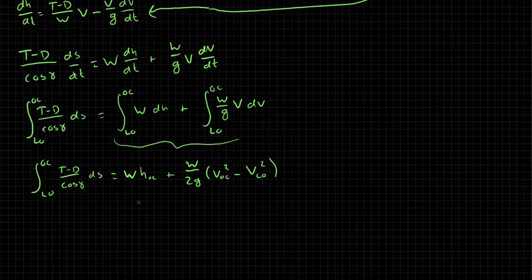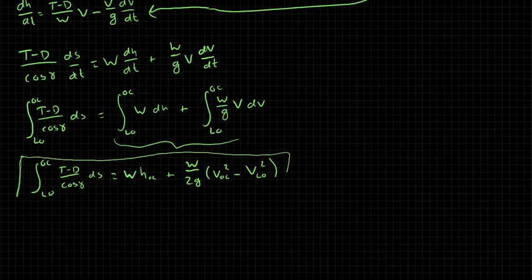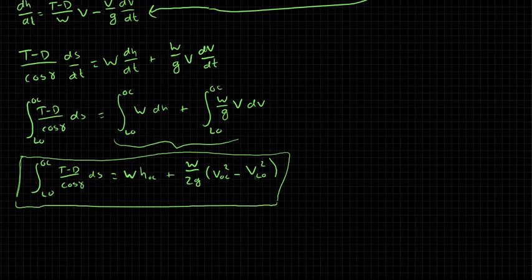All right, so we have this nice equation that can be used, well, almost, it's getting close to where it can be used to find ds. And actually, if we knew how the velocity changed with time and how the climb angle changed with time, then we could figure out this equation.